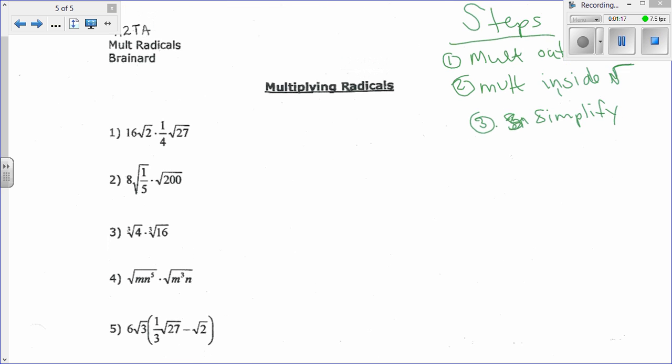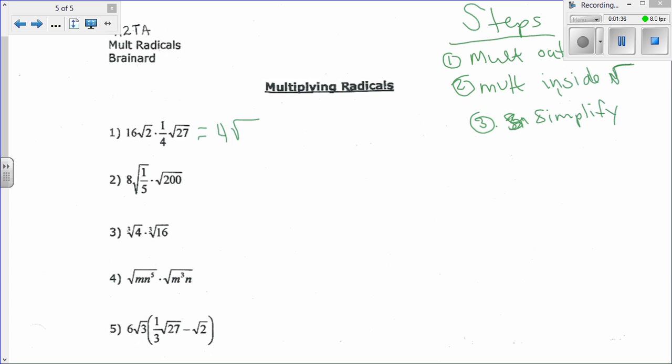simplify your radical. So for number 1, if I have 16 radical 2 times 1/4 radical 27, I first multiply 16 times 1/4, and another way to look at that is 1/4 of 16 is 4.